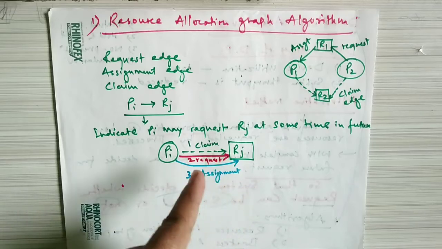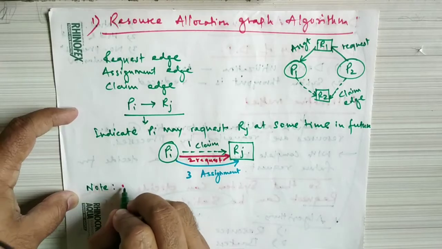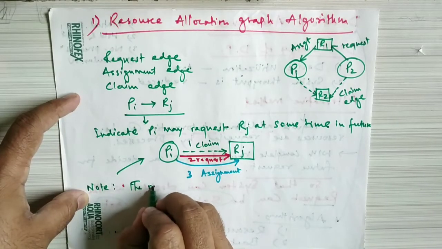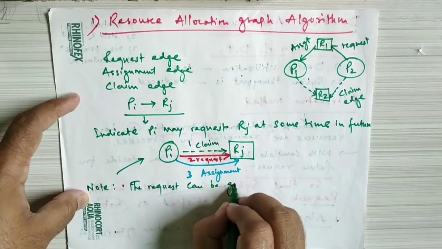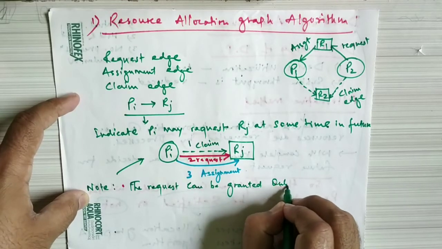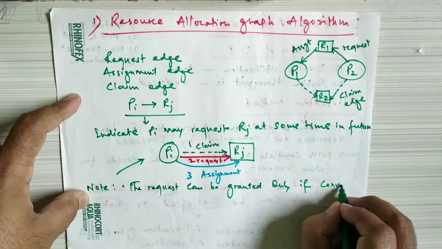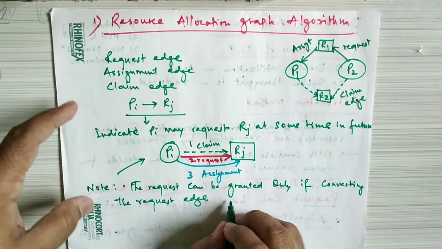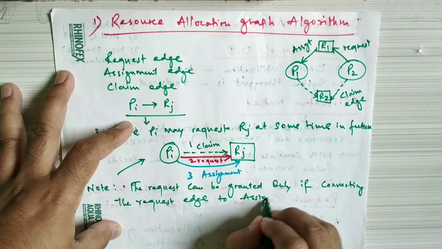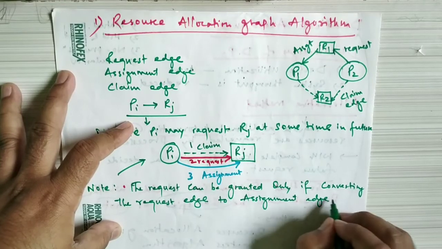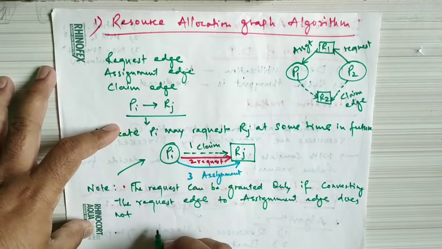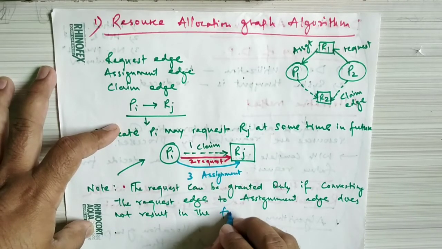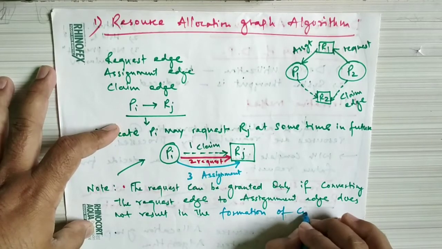Note down: the request can be granted only if converting the request edge to an assignment edge does not result in the formation of a cycle.